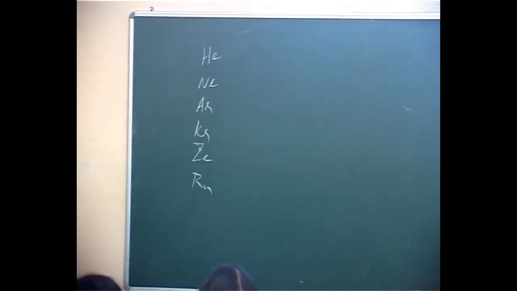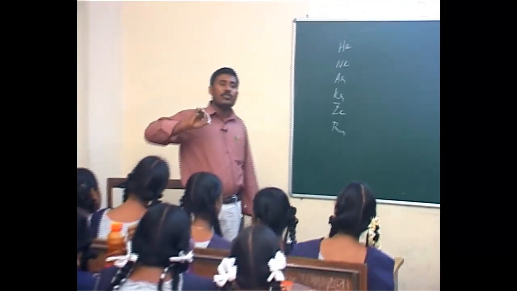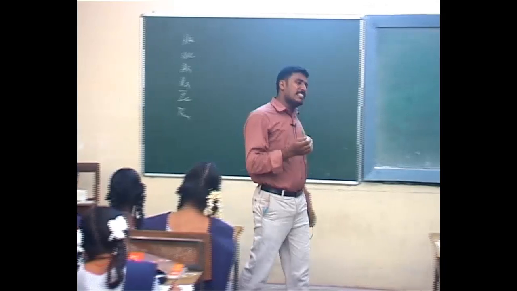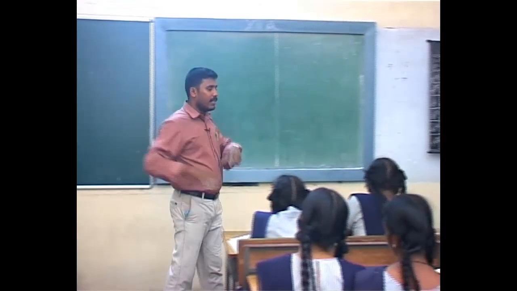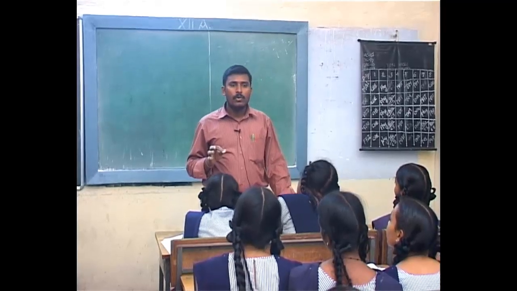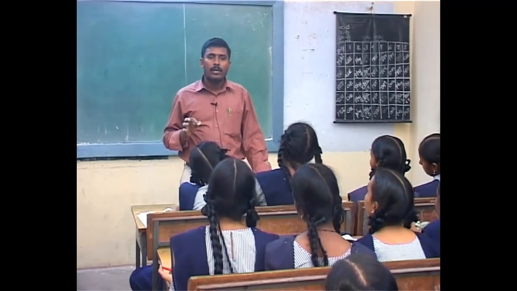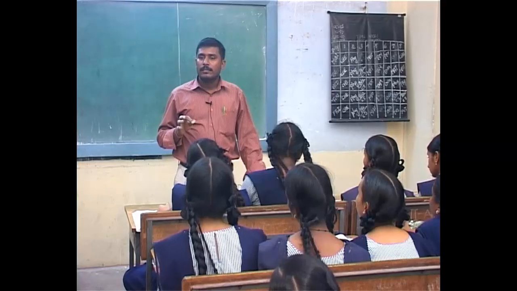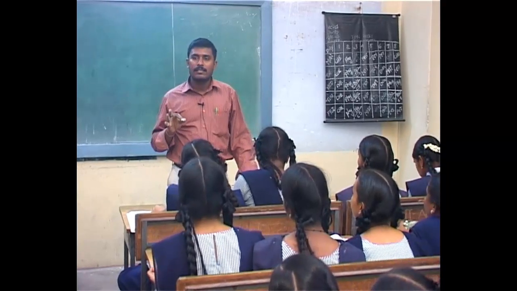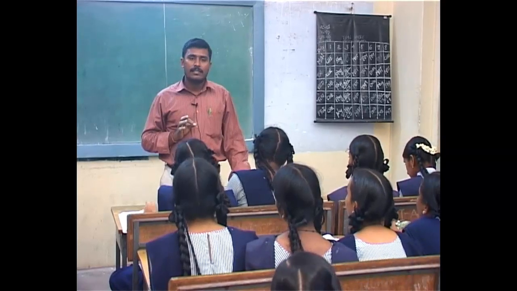This is how it is: completely filled ns2 np6 electronic configuration, so that when you have some amount of acid or alkali or whatever it is, nothing will take place. No reaction. Simply inert in nature. So this is named as inert gases.